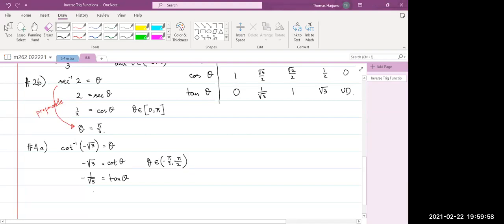So what will our theta be? It will be negative 30 degrees, negative pi over 6. Again, if you can do it, jump right away, go for it.